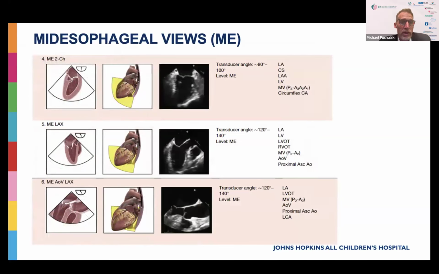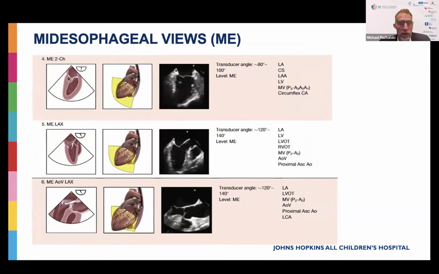Moving forward, if you keep going towards 90 degrees, you'll pick up the mid-esophageal two-chamber view. Continuing on towards 100, usually I'm around 120 but it can be up to 140 degrees, is a really nice profile of the left ventricular outflow tract.